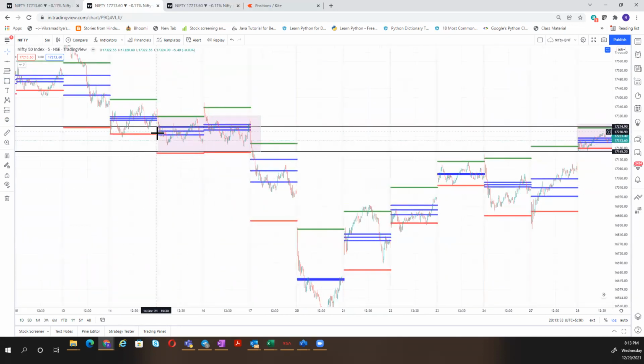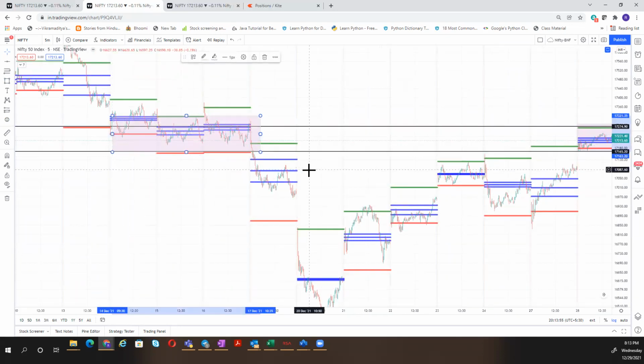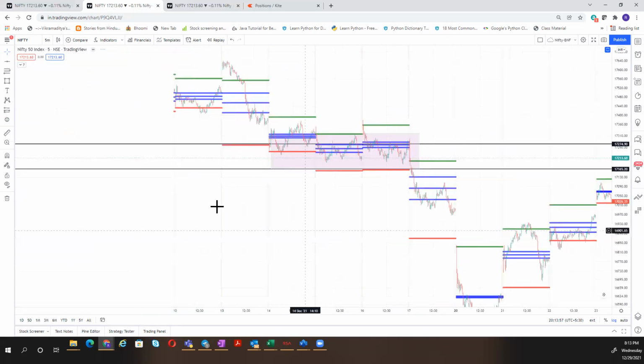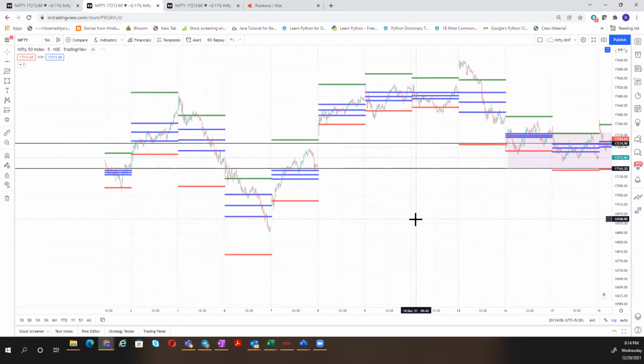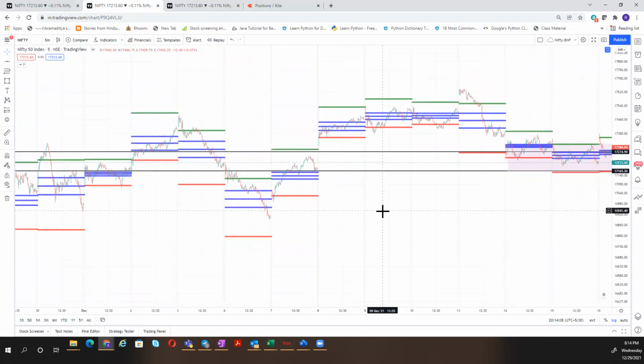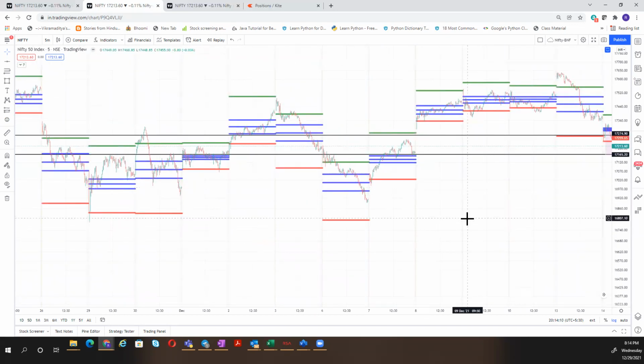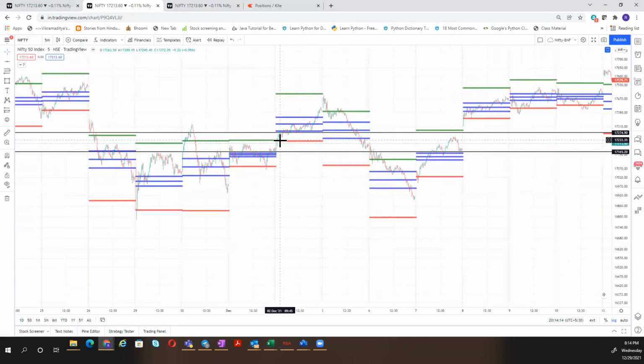Almost 3 days of choppy market goes down. You have to watch 2 days of range, the market goes up, gaps down and comes down. So there are several reasons why R1 and S1 are high probability trades. See, this range breaks, the market goes up.